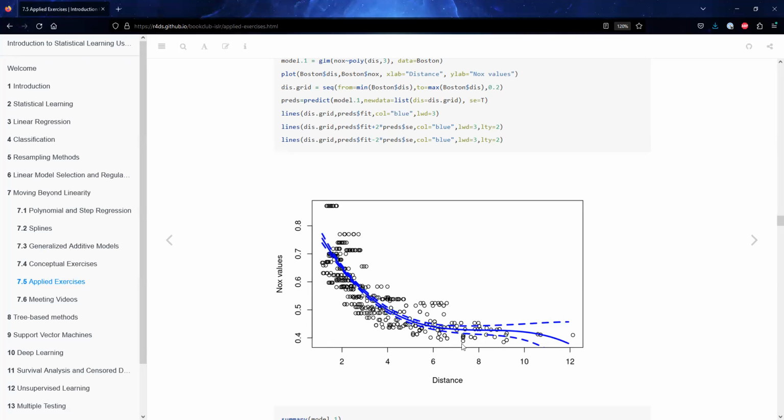That is, if you live close to your job, chances are you lived in a part of Boston that had a lot of pollution. If you live far away from your job, chances are you lived in a suburb of Boston that had less pollution.